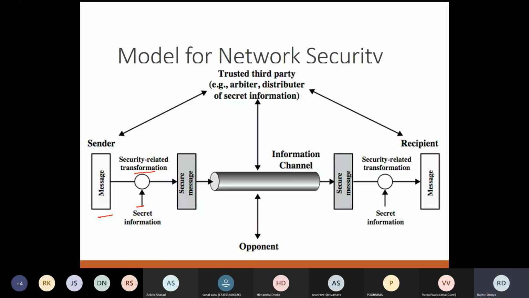After applying these two things together, you get a secure message, which is then sent through some channel to the other party. Again, security related transformations get applied along with some secret information to get back the message. And some third party can also be involved in the overall communication. So this is how the model for network security looks.